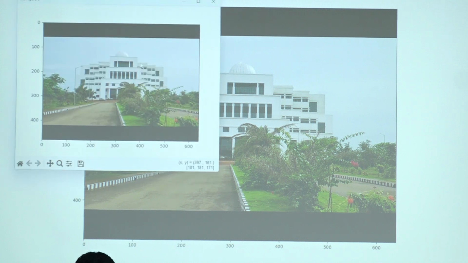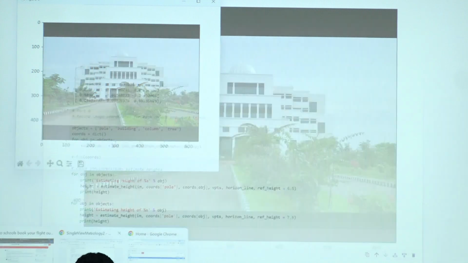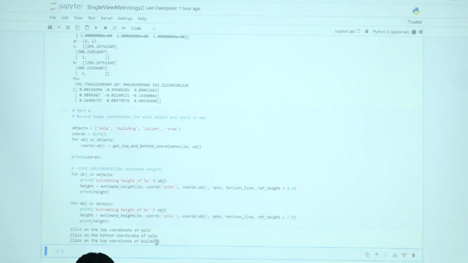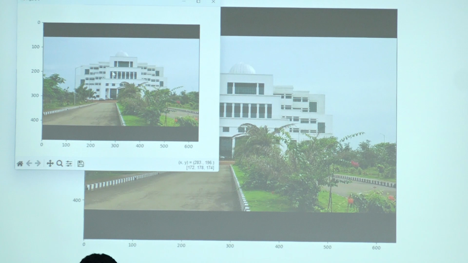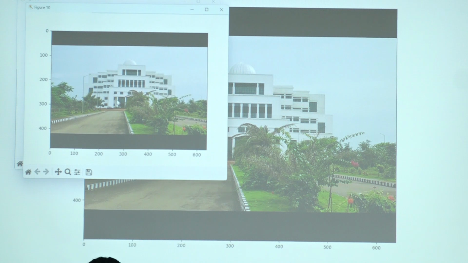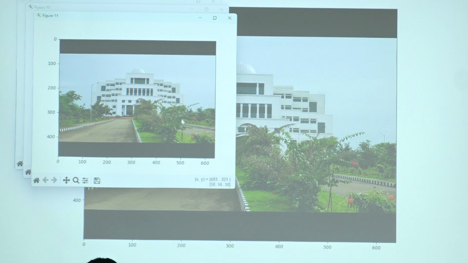So I have the pole, and then let me see, I'm going to choose building. And then I'll choose this column. And then I'm going to choose this tree.